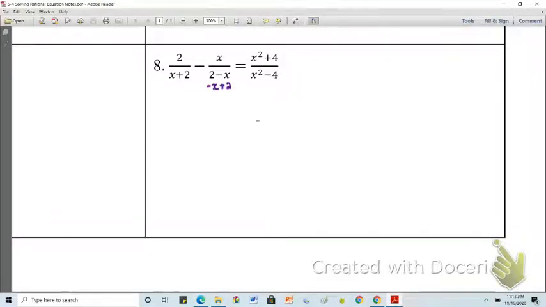So from here, we are going to factor our denominators. So this just becomes 2 over x plus 2, minus x over negative 1 times x minus 2, because remember, we never want a negative x.